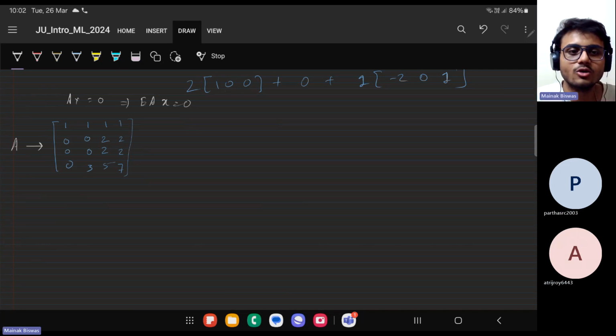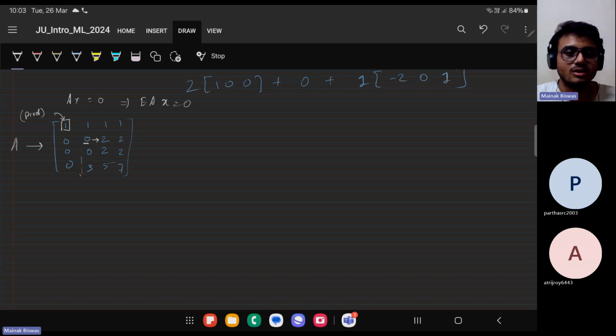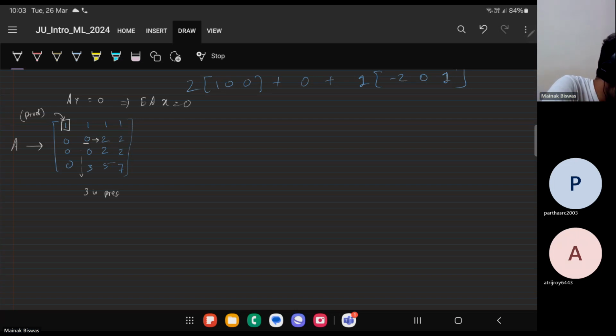So now I can keep on doing elimination. So this is one pivot. Now when I get 0 in a pivot, I go to the right if there are no elements below it. Here 3 is present.